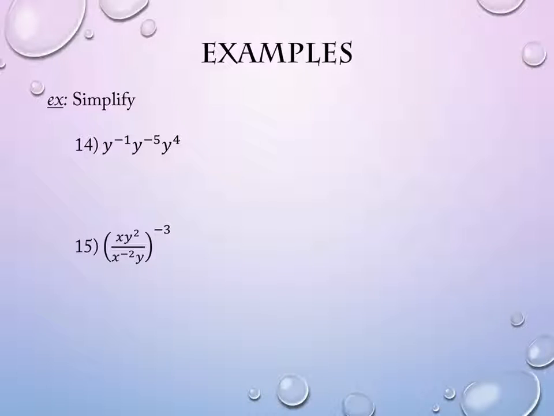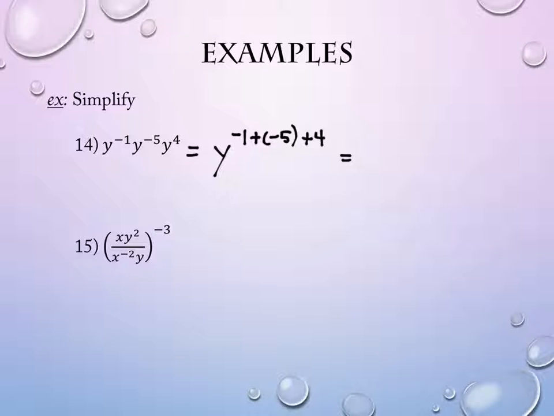Okay, I have a couple more examples I'm going to do with you so we can finish this one off. Number 14, not too bad. Notice they're all y's, right? So this is just property number 1. I just need to add the exponents. So I have y to the -1 plus -5 plus 4.